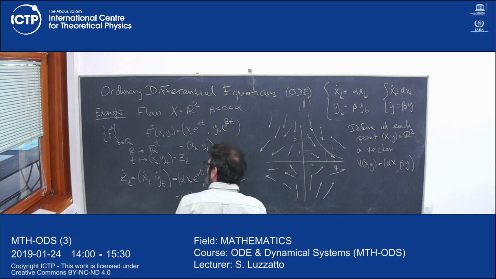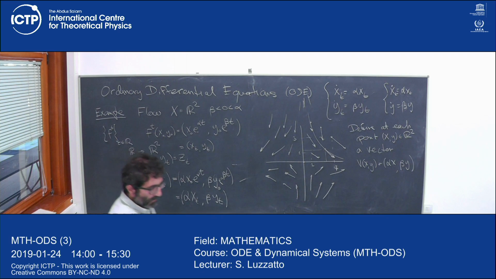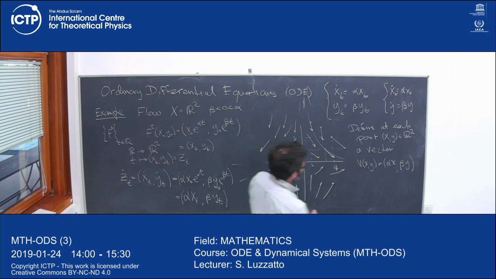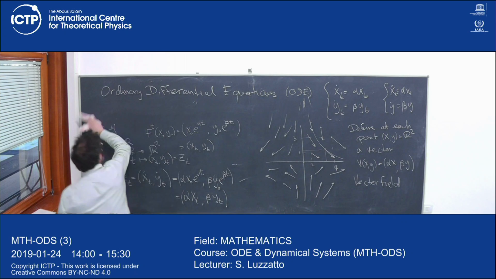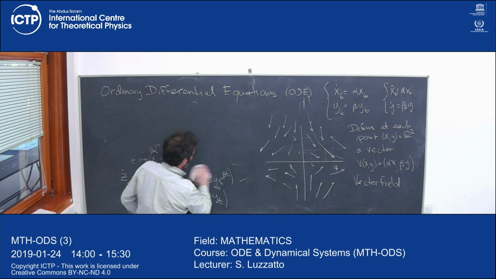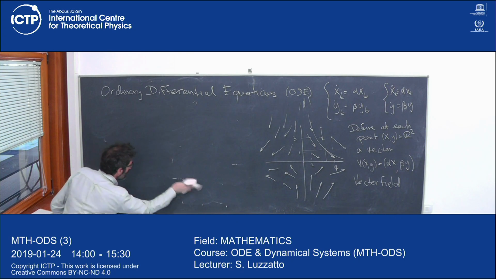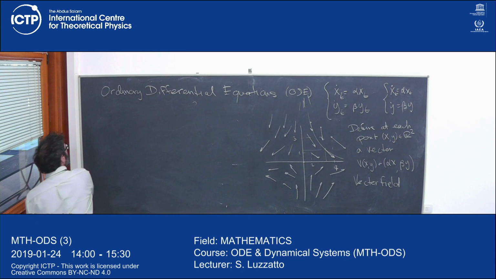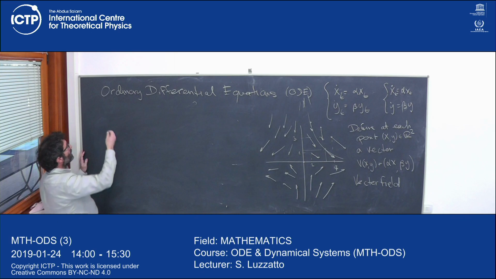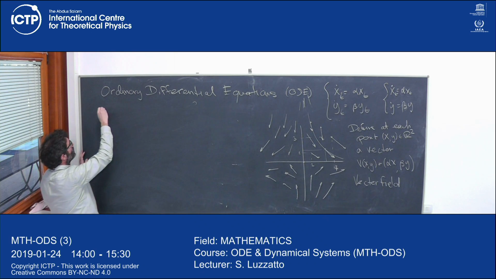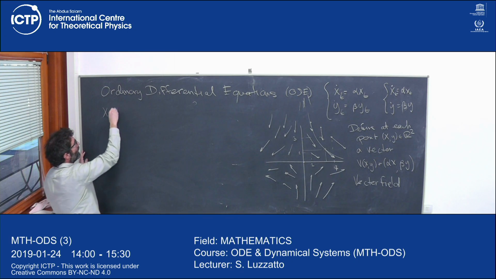So how do you generalize this? More generally, this is called a vector field. For simplicity, let's suppose that our space is Rn.